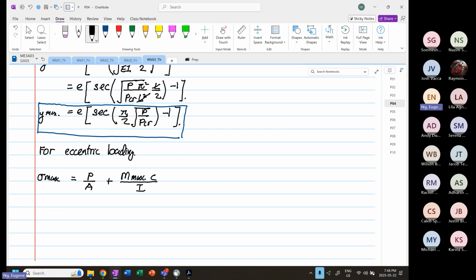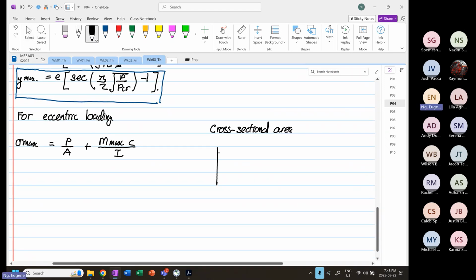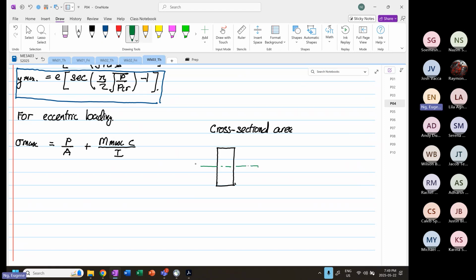Now, there's a term that you see down here, which is C. So what do I mean by C? If your cross-sectional area looks like this, and depending on where the buckling is, which axis, so this one, the buckling is about the ZZ axis.